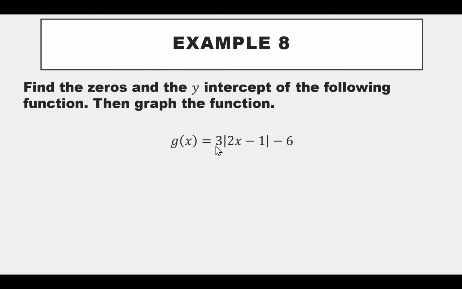G of x is equal to 3 times the absolute value of 2x minus 1, minus 6. If you want to, push pause on the video and then solve this on your own. Otherwise, in a couple of seconds, I will show you how it's done.